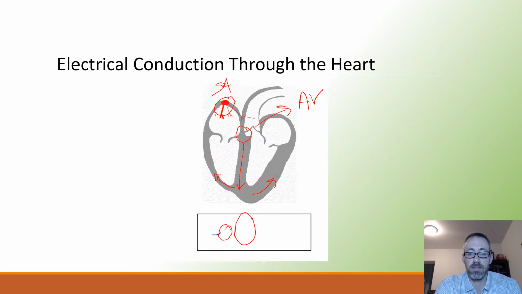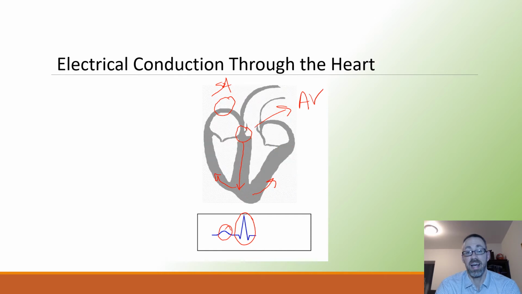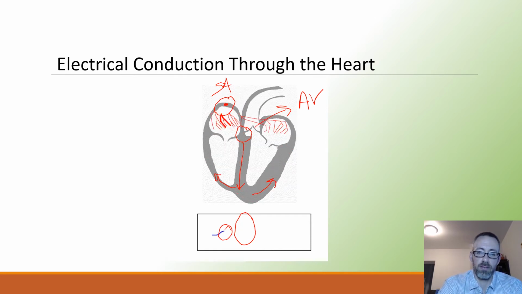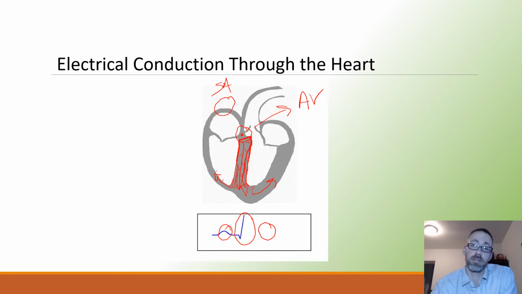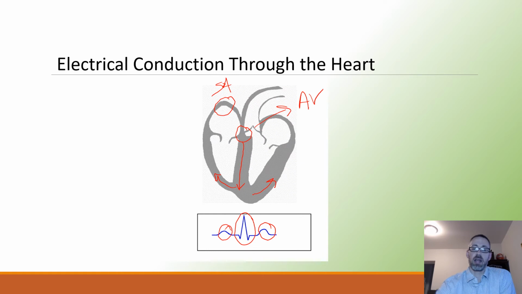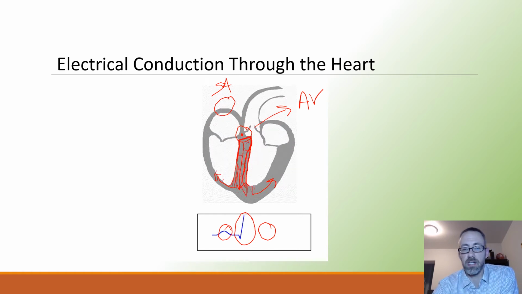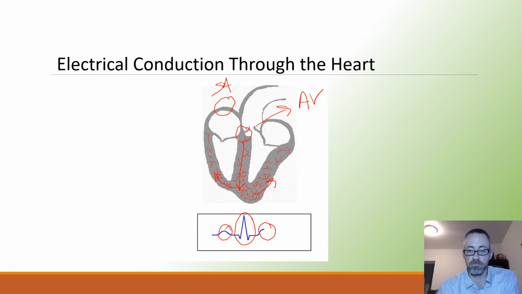The QRS has a greater amplitude; as you can see, it's much sharper in appearance, and that coincides with ventricular depolarization. And finally, this last wave is called a T wave, and that represents ventricular repolarization. This is something we can record on the surface of the person's body via electrodes, and this is the kind of pattern we would see. The only thing you may not see here is atrial repolarization, and that gets lost or obscured by the QRS complex.